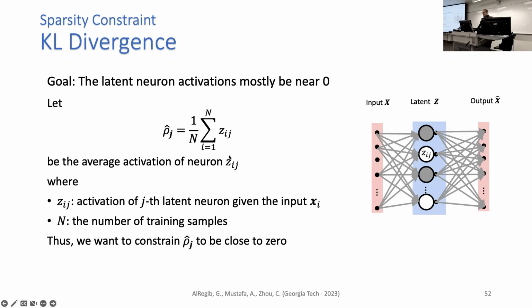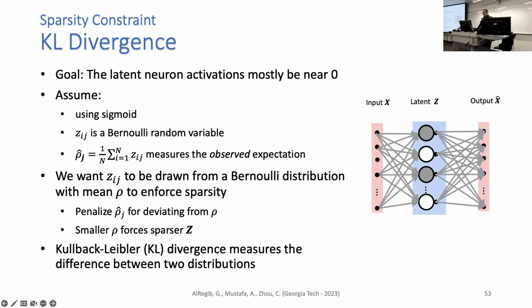So now in the KL divergence, we want to constrain this rho hat to be close to zero. We don't want to make it zero. We don't want to make the zij's zero. We want to constrain them to be close to zero. We don't want them to fire up and be very large, right? So how do we do that? We can look at each one of those activations as an observation of a Bernoulli random variable, basically a Bernoulli distribution, like p and 1 minus p, right?